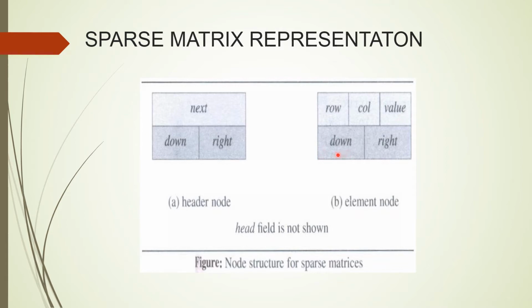Sorry, down is pointing to the next non-zero element which is present in the same column, and right is pointing to the next non-zero element present in the row.